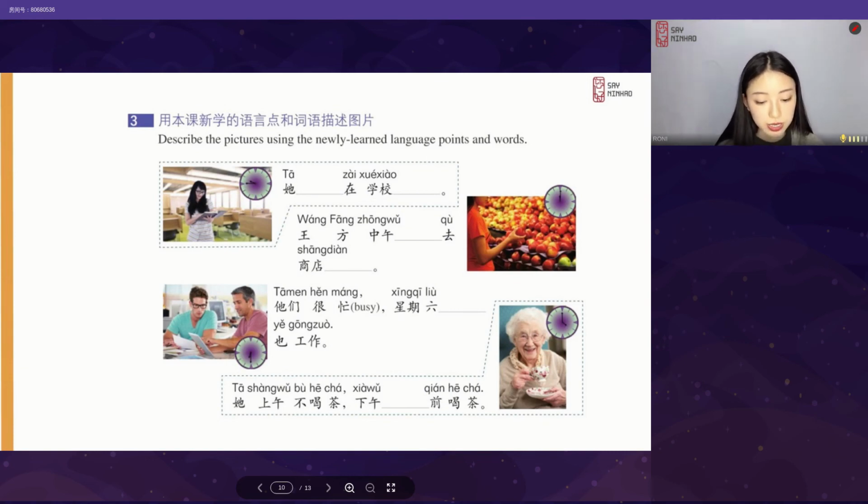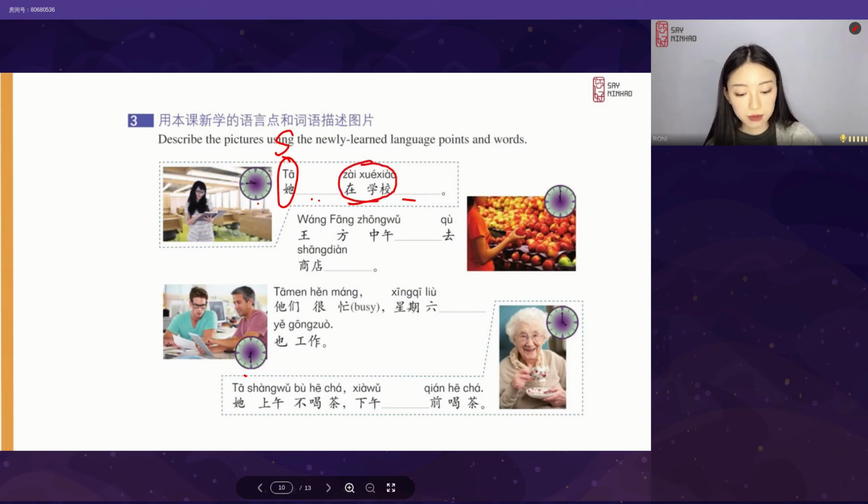Let's do some practices. Here in the pictures, we can see there are clocks, and let's try to fill in the blanks. First one, 他 blah blah 在学校, what? In this sentence we have the subject and we have 在学校.